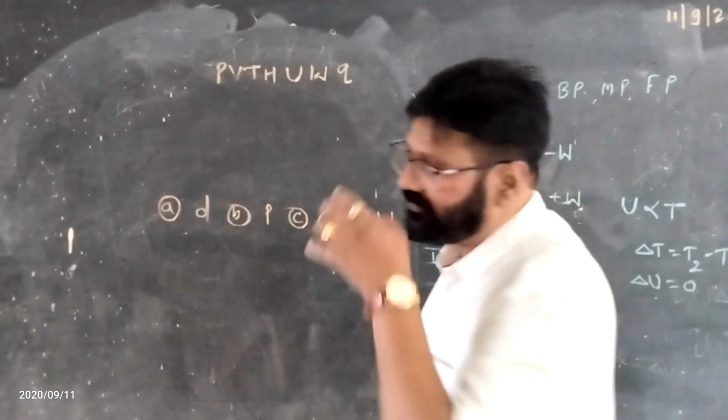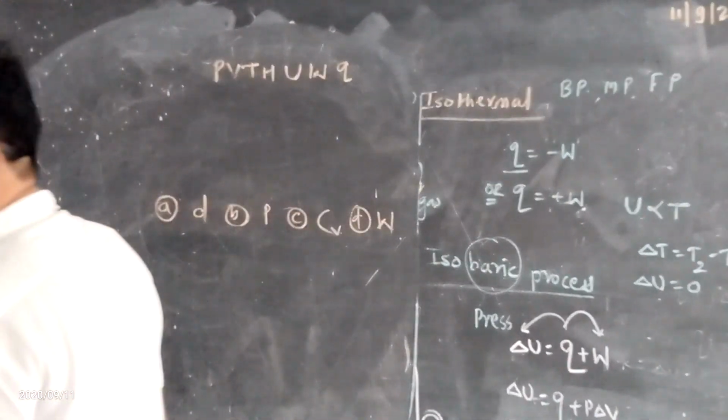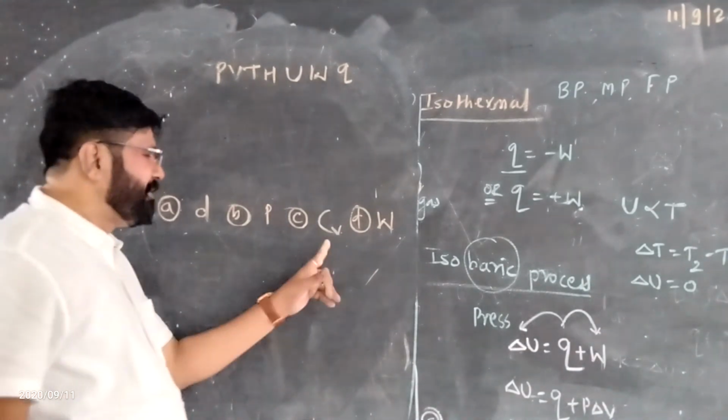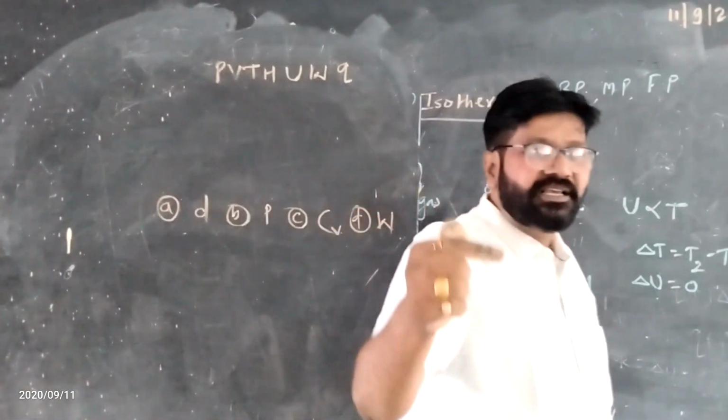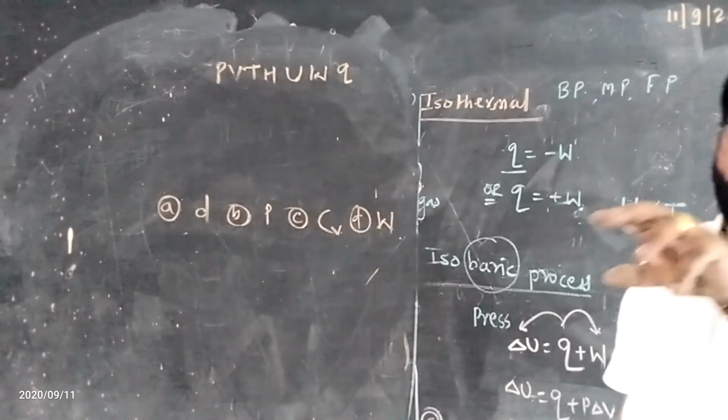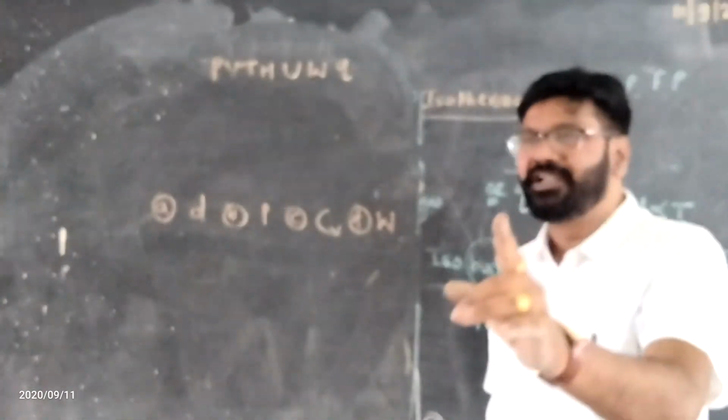Molar heat capacity at constant volume is the amount of enthalpy required to increase the temperature of 1 mole of gas by 1 degree Celsius.